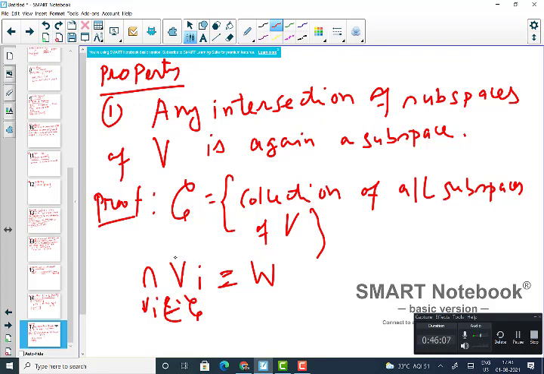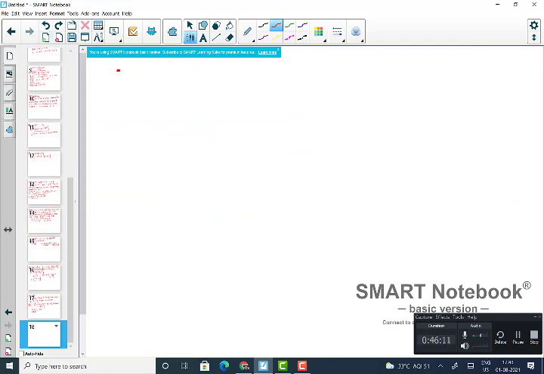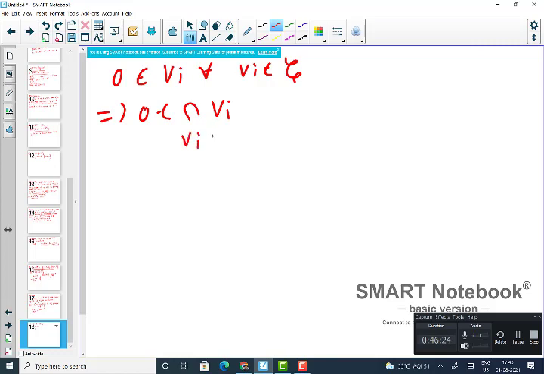They have 0, and then 0 belongs to the intersection, right? So the proof is what? 0 belongs to Vi for all Vi in C. This implies 0 belongs to the intersection of the Vi's, Vi in C, which is nothing but W.